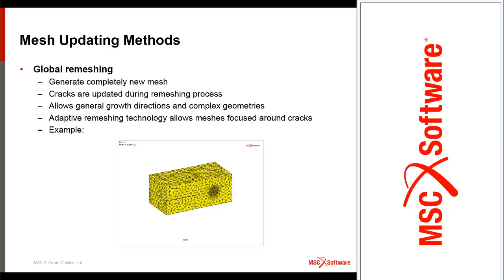And during the remeshing process, we update the cracks, which gives us full freedom to change direction, go around corners and everything. So it's designed to deal with complex geometries and general growth directions. So it will calculate an estimate of the growth direction and update the crack to model that.